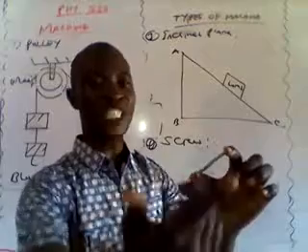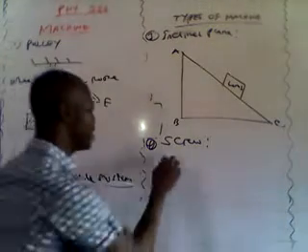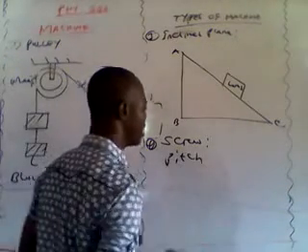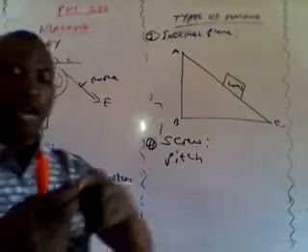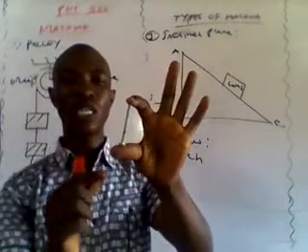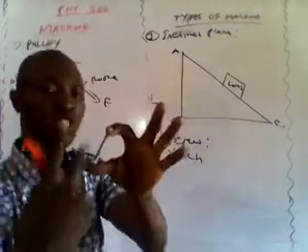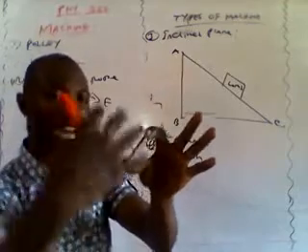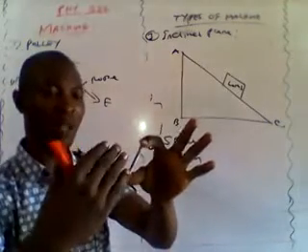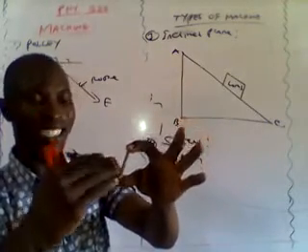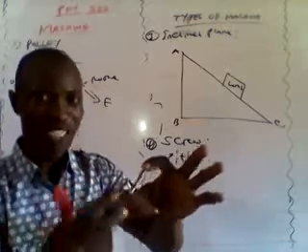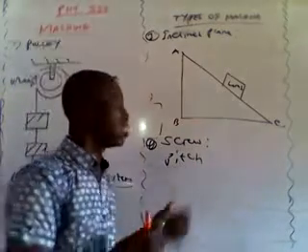That valley is called pitch, P-I-T-C-H. So a typical screw has thread around it. In between two threads you have a distance, and that distance is called pitch.